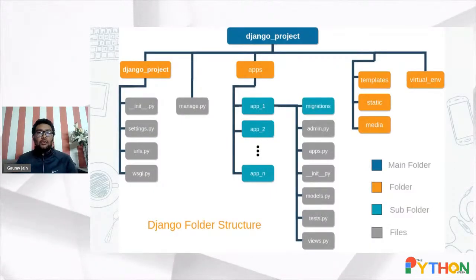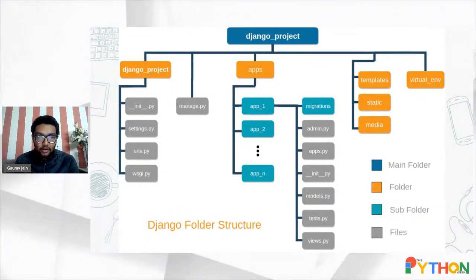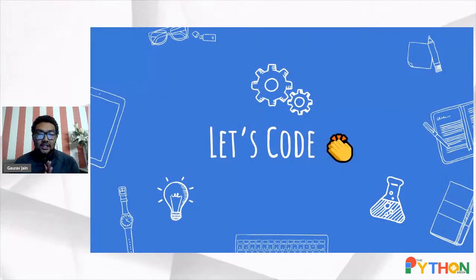We might come back to this, or I'll show it in Visual Studio. But this is how a Django project looks. It might look a bit intimidating right now, but we'll slowly dive into it and understand what every one of these files does. Okay, so let's get started, shall we?